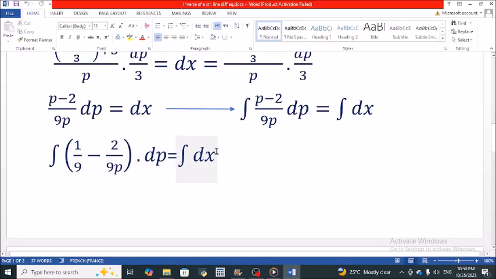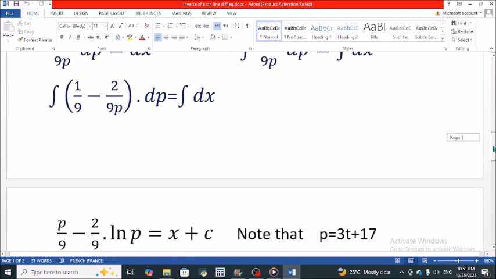So here our integration becomes the integral of 1 over 9 minus 2 over 9p dp equals integral dx, which after integration, 1 over 9 dp becomes p over 9 and 2 over 9p dp becomes 2 over 9 ln p, equals x plus c, the constant of integration.